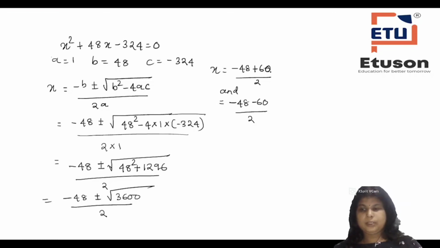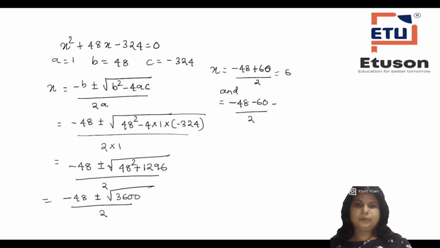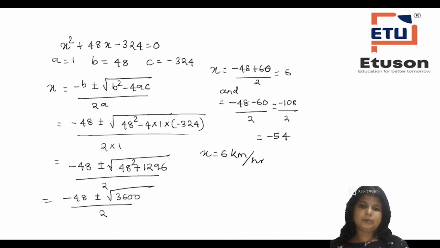So minus 48 plus 60 by 2, so that is equal to how much it is? 12 by 2, that is 6, and here if you take this value, it is equal to minus 108 divided by 2, that is minus 54. So we'll take the positive speed, so x is equal to 6 kilometer per hour.